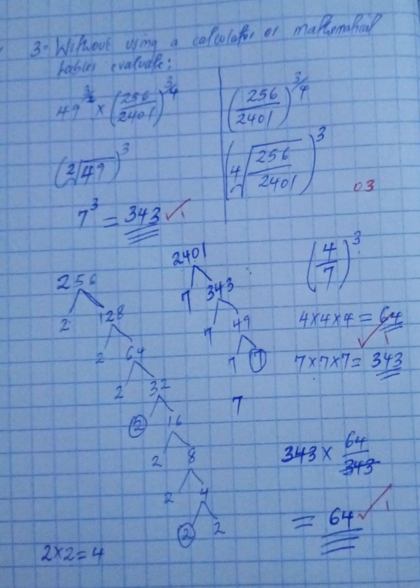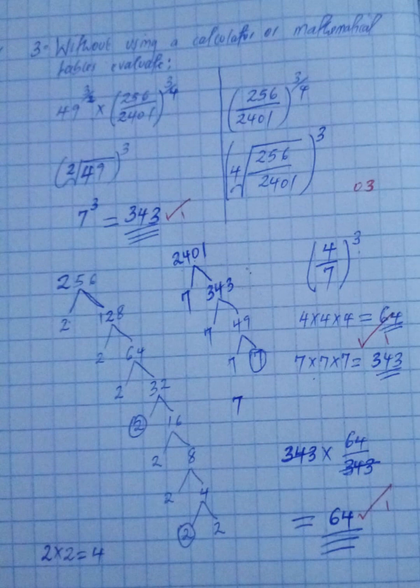So upon dividing 2401 by 7, I'll have 343. Then 343 divided by 7, I'll have 49. 49 divided by 7, I have 7. So now I have 4 7s. So now I'll pick 1. So now the fourth root of 2401 is 7.